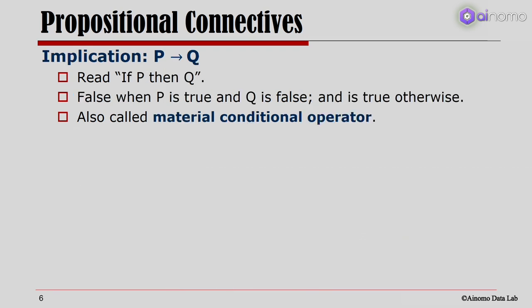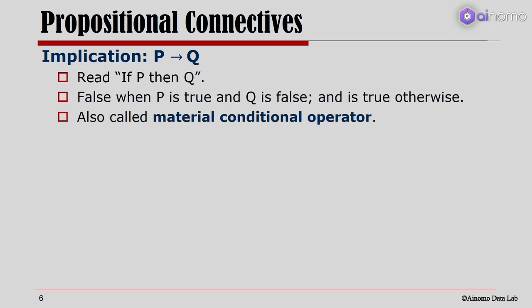We will now look at the propositional connective of implication and thereafter the propositional connective of biconditional. But we will again focus on these connectives in detail in the course of our discussion. So let us look at implication. If P then Q, this is false when P is true and Q is false and is true otherwise.